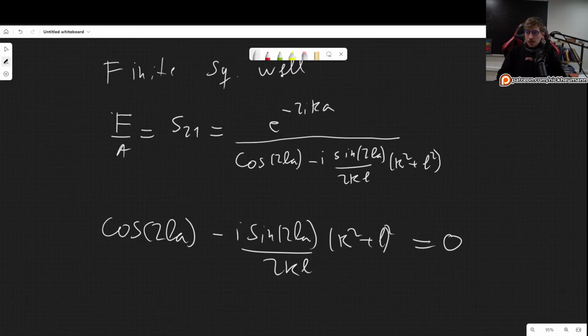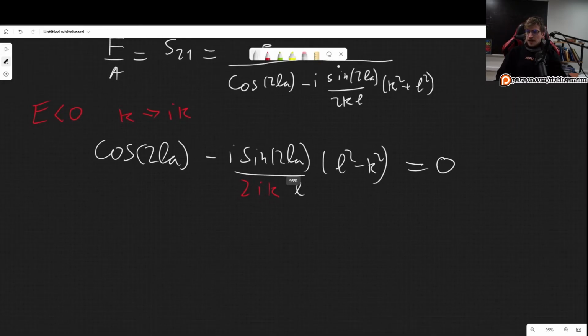And we need to impose that since we are no longer in a scattering state, now we are in a bound state, our k goes to ik. So this k right here becomes ik, and this k right here becomes ik, so we get minus k squared. So I'm going to write it as l squared minus k squared. The i's cancel out, and now we want to see what condition we get from this.